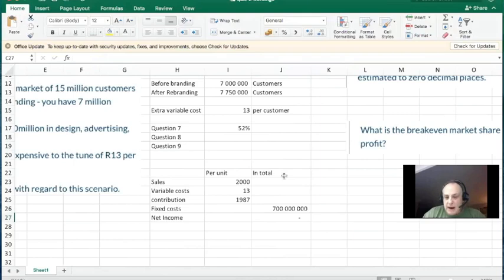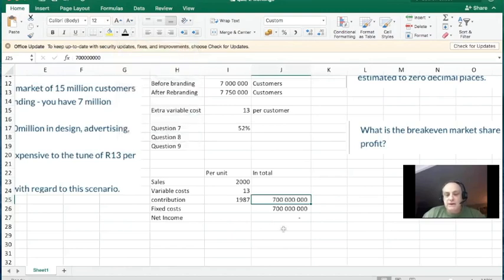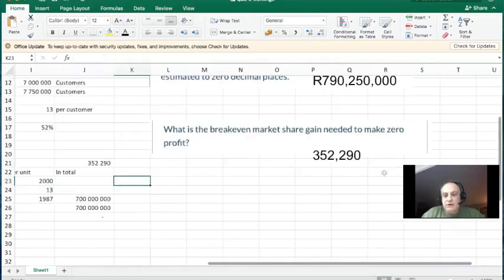And if our income is 0, and we've got fixed costs of 700 million, something minus 700 million would give me 0. So clearly, this should be 700 million. And if I know that this is the total, and this is the per unit, if I take the total divided by the per unit, I will get this answer. And this answer is the number of people.